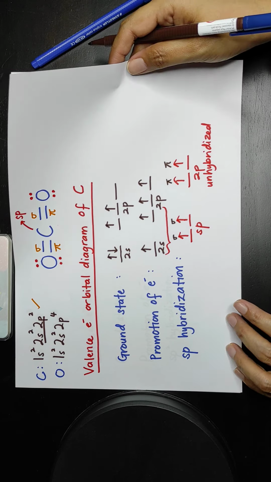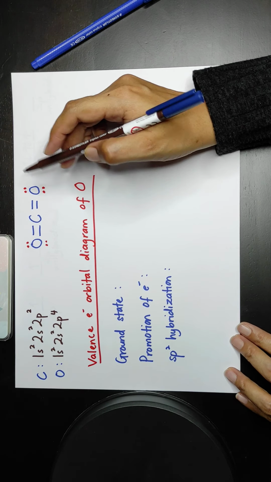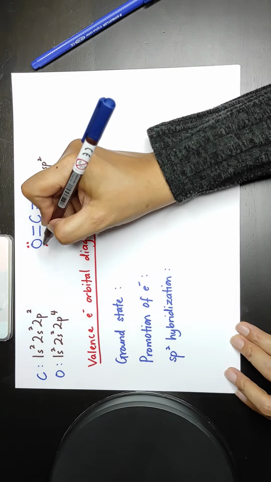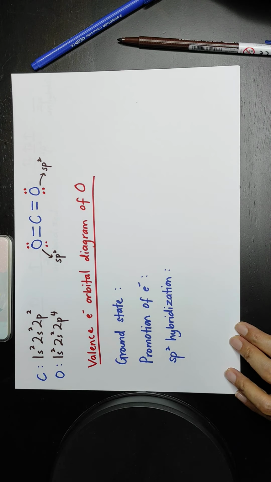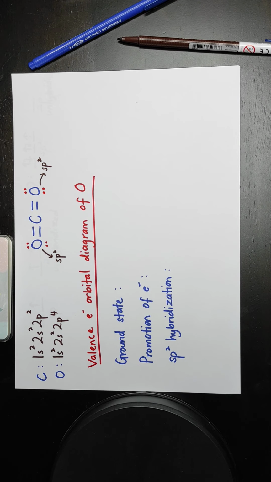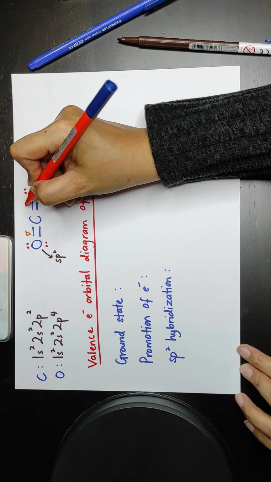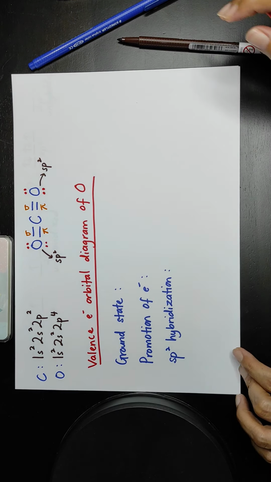Next, continue with oxygen atoms. Both oxygen atoms undergo sp2 hybridization and they are identical, they are the same. So we just draw and describe the hybridization of oxygen atoms once, right?